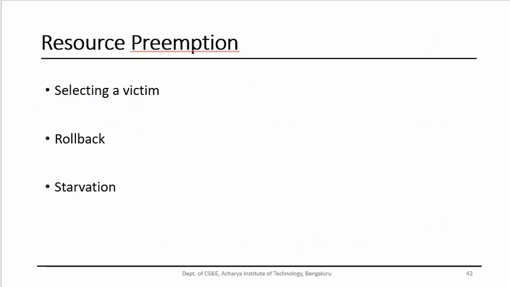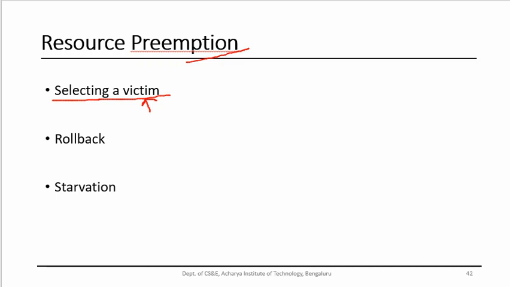So what is resource preemption? Here we take away the resources from some of the processes so that the deadlock can be broken, right? For that to happen, we must decide which process to take the resource from, and that process becomes the victim. So the first challenge of this approach is selecting a victim.